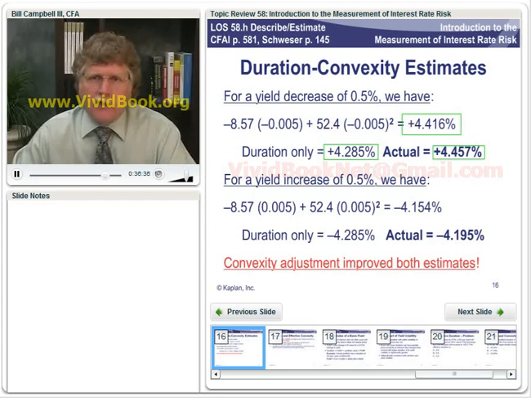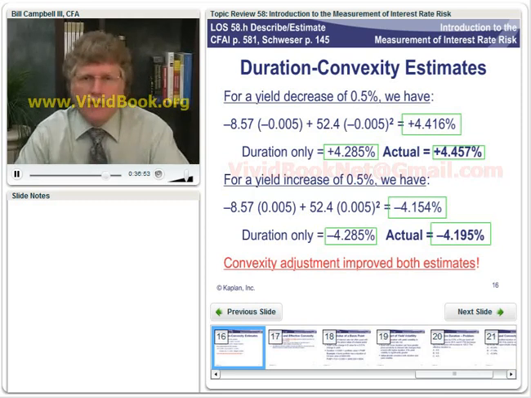Similarly, for an increase, when we add our convexity adjustment, we get negative 4.154, which is very close to negative 4.195, much closer than using only duration. So the convexity improved both of these estimates.